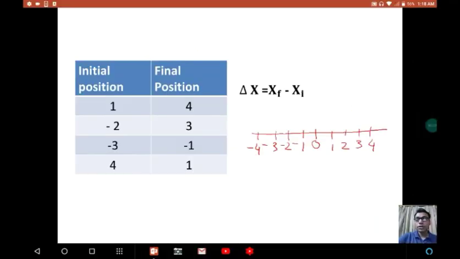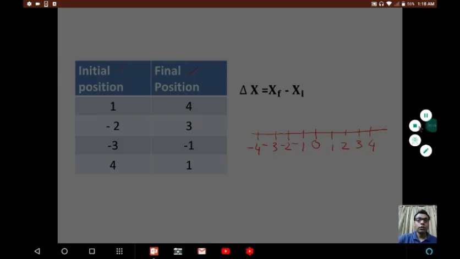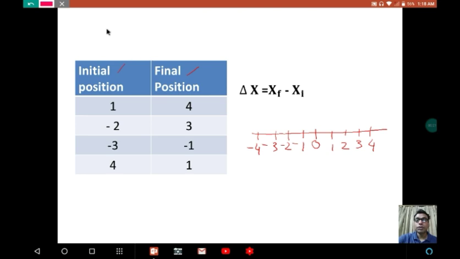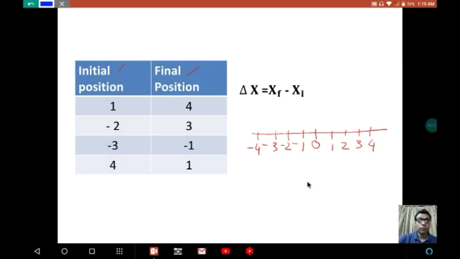As you can see in this problem, the initial position and the final position are given. So with initial and final positions, we have to find the displacement. On the scale, the object is moving from the initial to the final position. What is the initial position in the first data? It is given that it is at position 1 and moving to the final position 4.